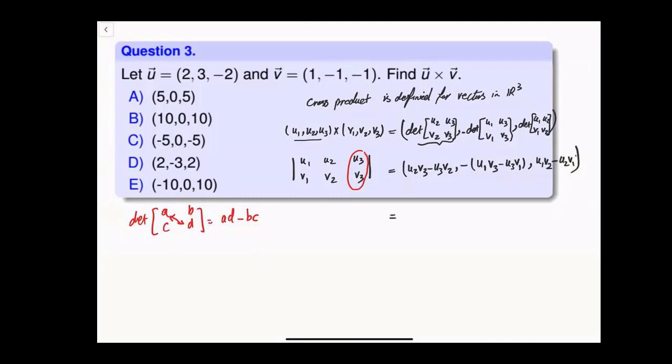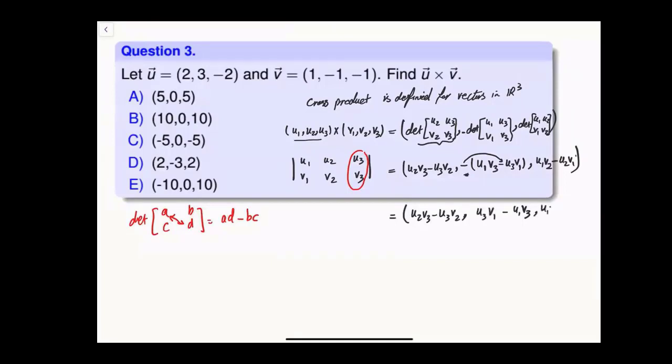Sometimes I hear students saying, oh, the formula I know has no negative sign. Well, you can multiply that negative sign inside, and you will get minus U1 V3, and then this negative times that negative will give you positive U3 V1.